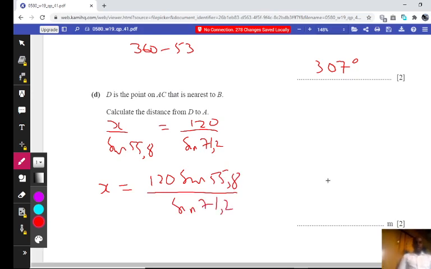Punch in your calculator, 120 sine 55.8, divided by sine 71.2. Then you get 104.8, or to three significant figures, it's 105. So it's 105 meters.